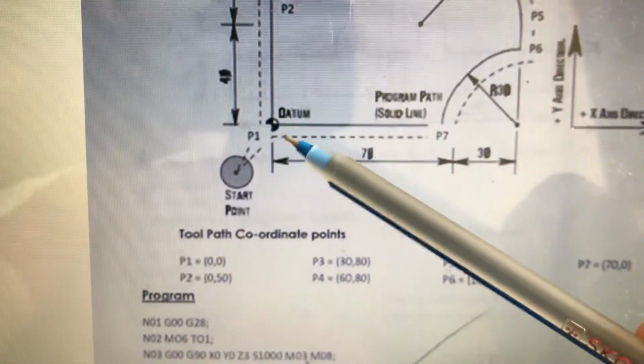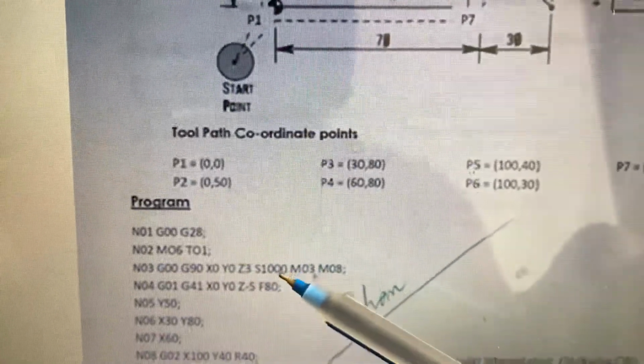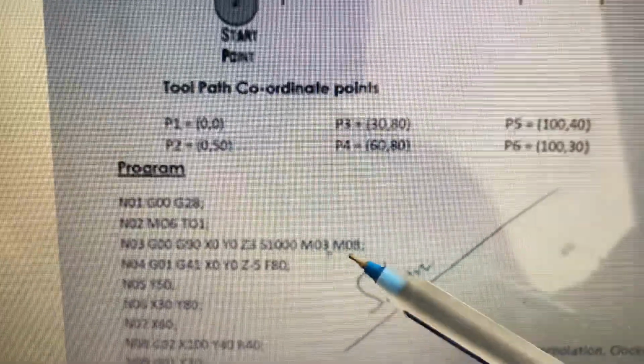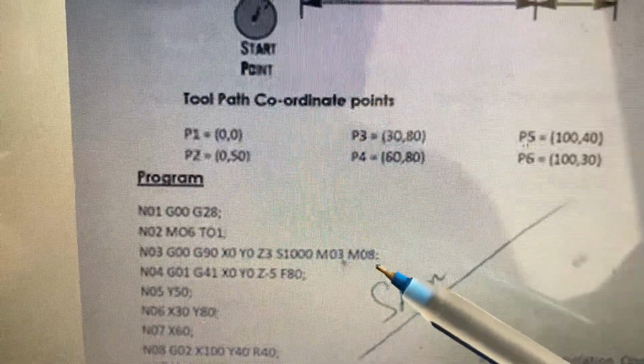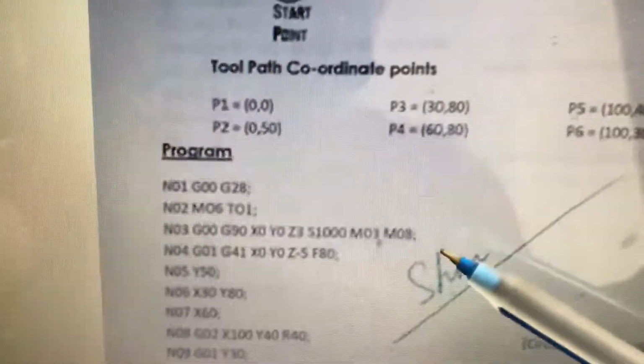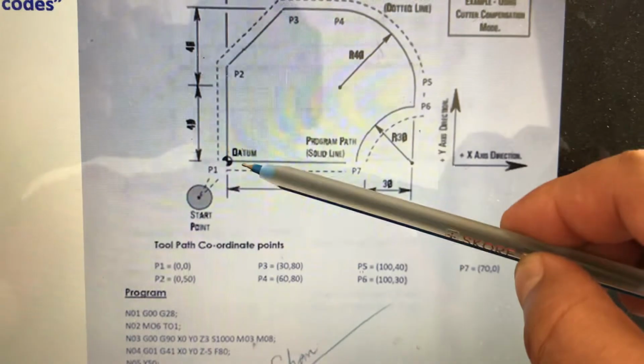That means it is not touching the workpiece, it is just 3 mm above the surface. And then spindle speed is taken as 1000, and M03 starts the spindle, M08 starts the coolant, and end block. And the next block is about cutting, linear cut, from here to there.